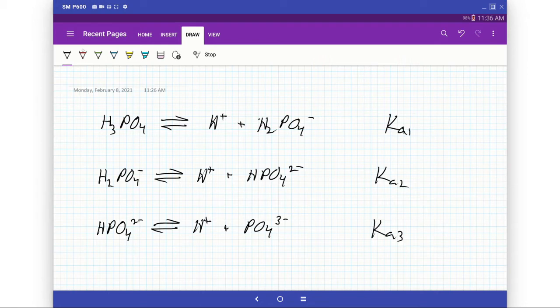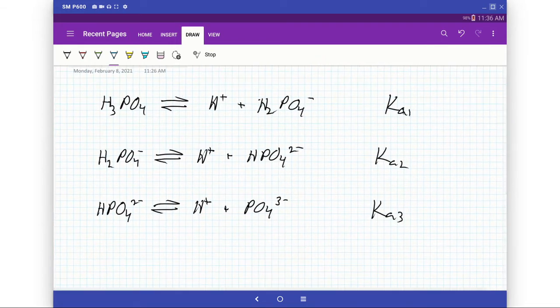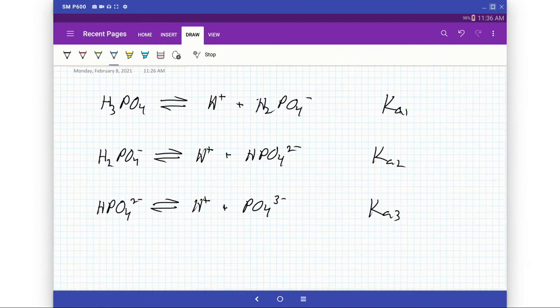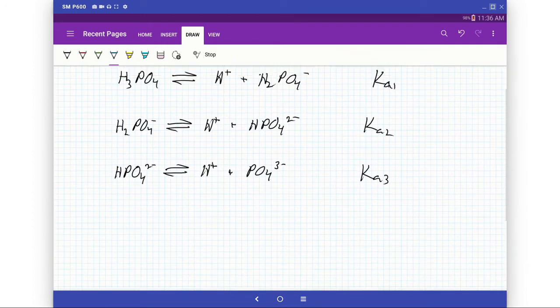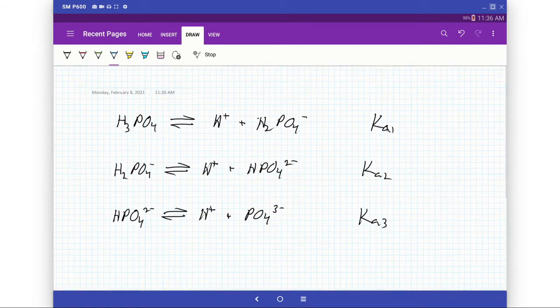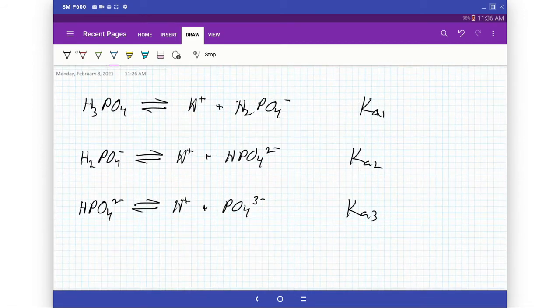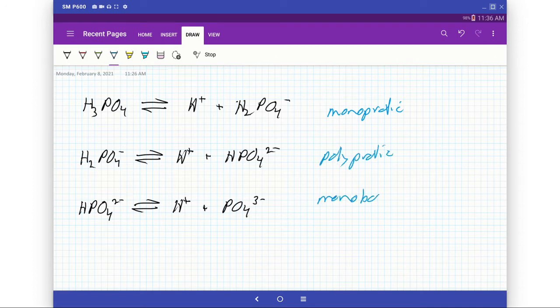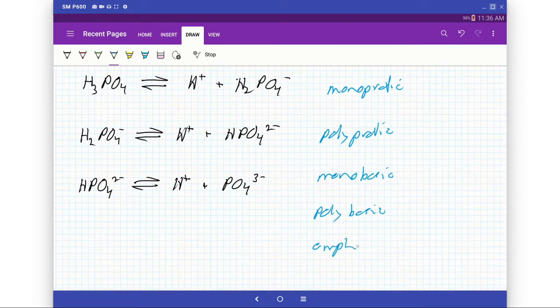But for our purposes right now, what I want to do is I'm going to make this a little bit smaller, actually. I'm going to get rid of all that. And I'm going to say I want to know what is monoprotic, what is polyprotic, what is monobasic, what is polybasic, what is amphoteric, and conjugate.